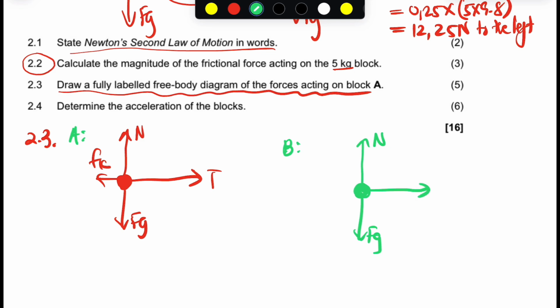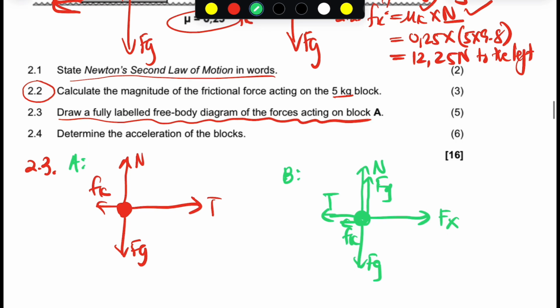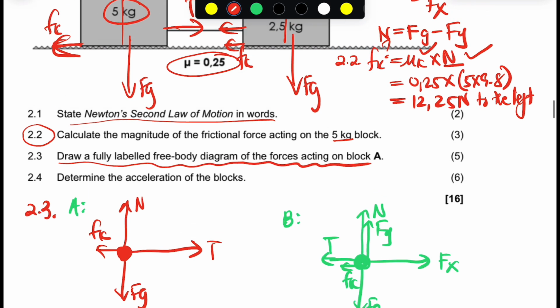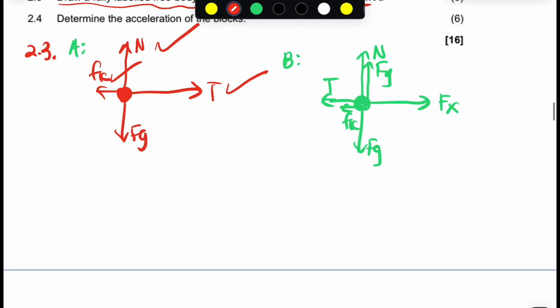We have Fx and Fy, and then we have a tension force, and then we have an Fk there. That's a very important free body diagram. So the answer here is this one. It's 3 marks. So we're going to have that and that, and any of the two, right?